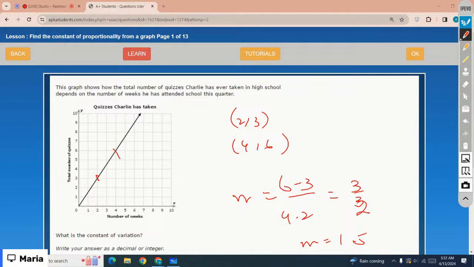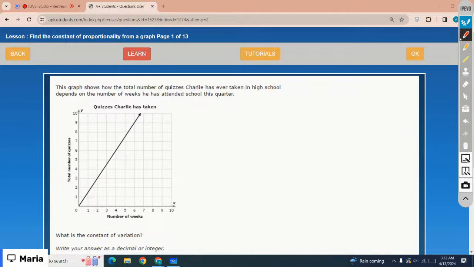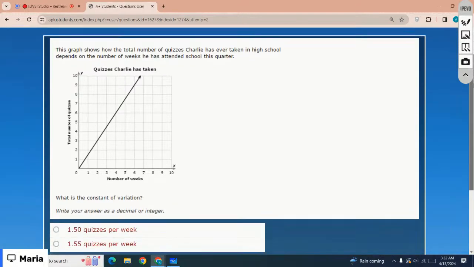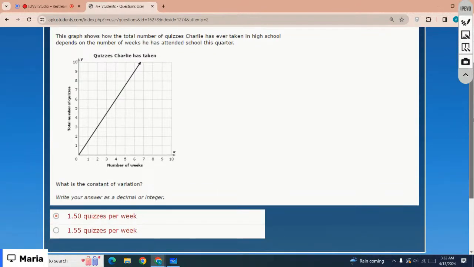So that means the constant of proportionality, or the slope, is 1.5, right? Option number 1 is the correct option.